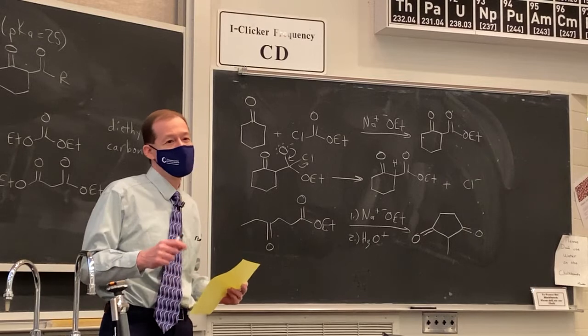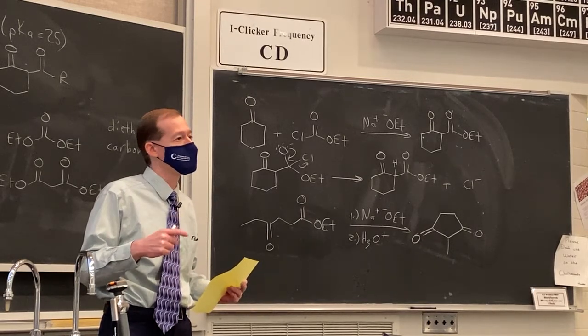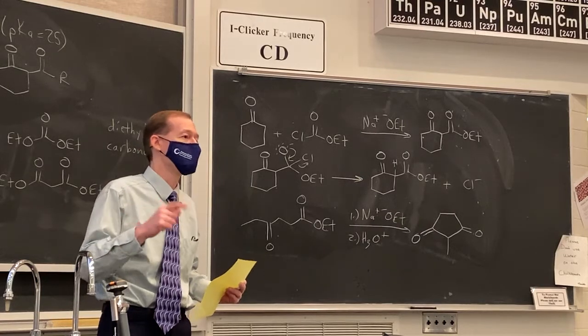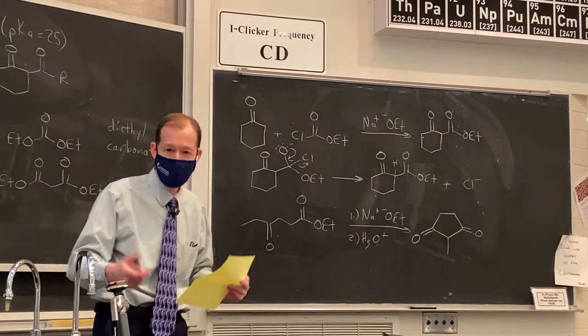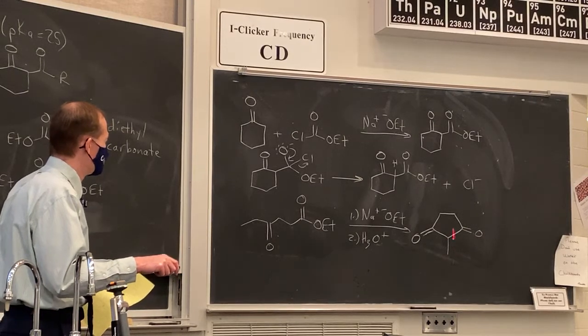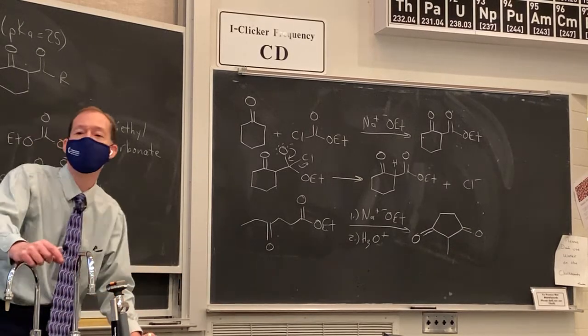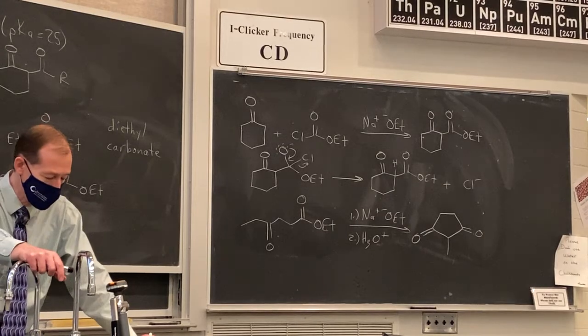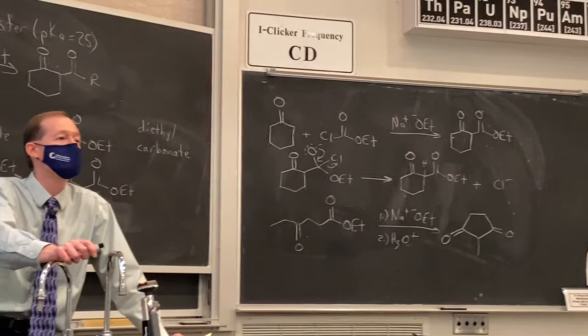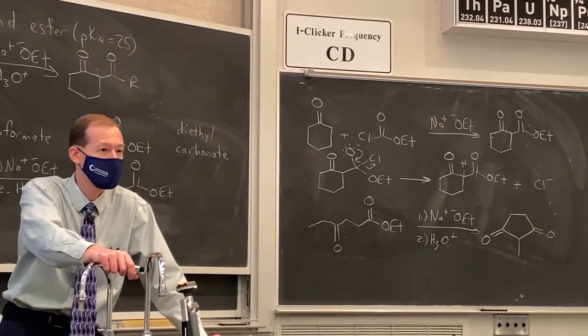In those cases, it's helpful to number the carbons in the starting material. If you number the carbons in the starting material, you see which carbons are bonded to which other carbons, and then that would help you recognize that this methyl group needs to be attached to that carbon in the product. Okay? Are there any questions about the Dieckmann reaction?